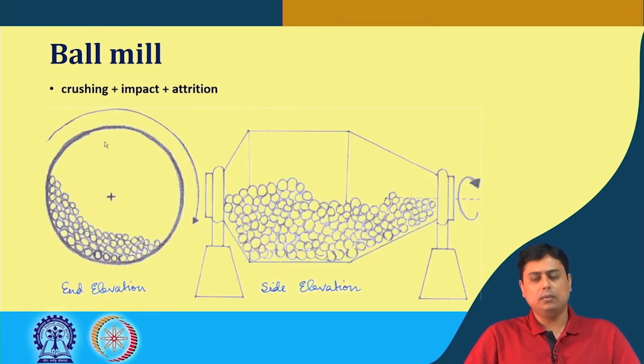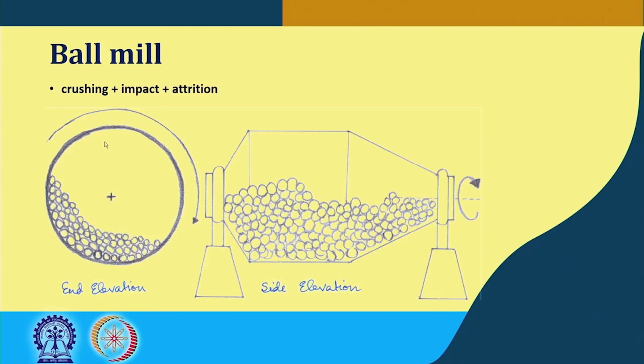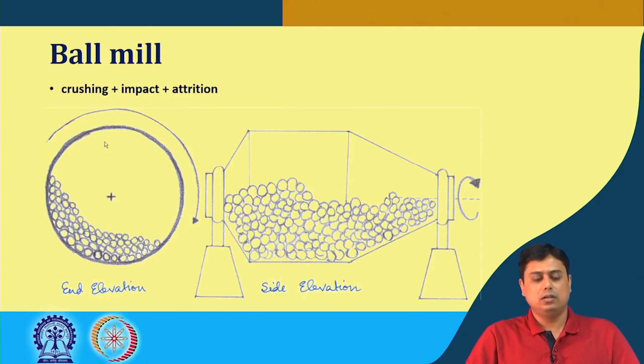One of the very popular milling or grinding equipment is the ball mill. That also uses the three stress mechanisms, that is crushing, impact and attrition. This is a schematic of the ball mill.